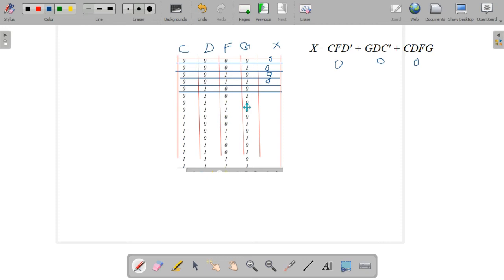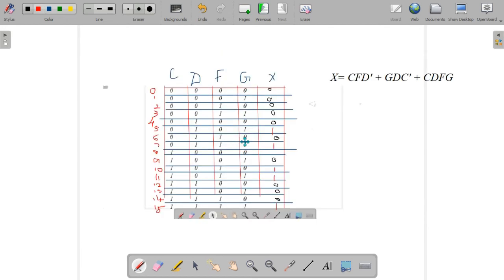In the next one, 0 1 0 0. Here what is the value? CFD dash means 0. Then in the next term GDC dash, G is 0, D is 1, C dash is 1. So again we are getting 0.